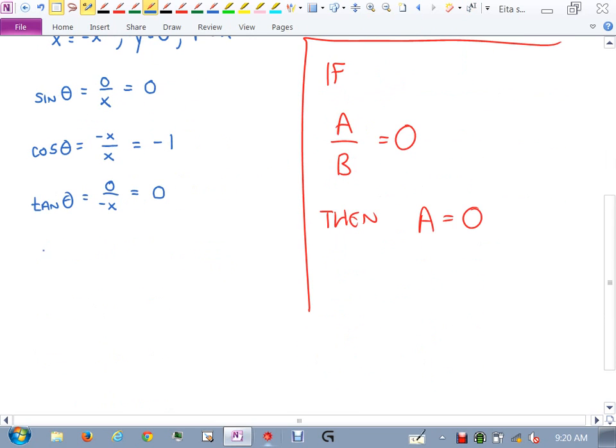All right, cosecant. If we try cosecant, that would be r over y, right? R over y. R is x, divided by y, which was 0. And division by 0 is not allowed, right? So we would say it is undefined.